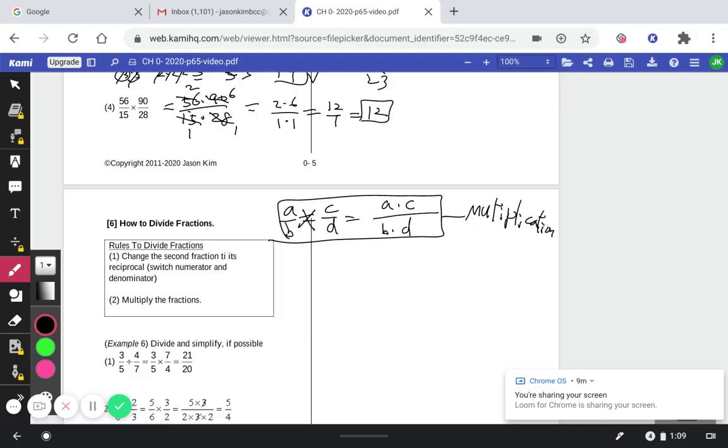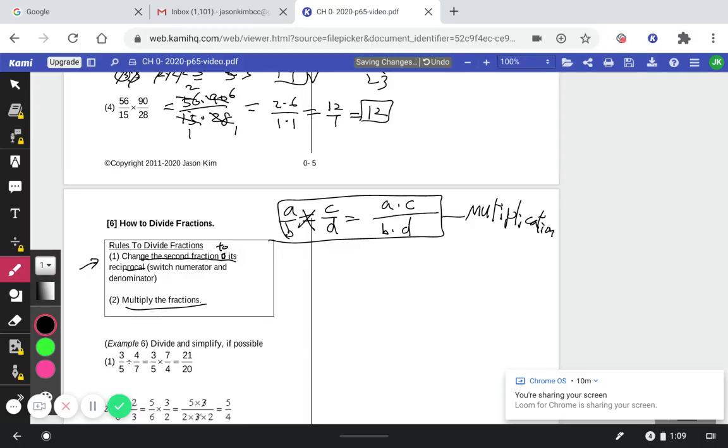Make sure you reduce it if there is any common factor. But division is almost like multiplication. In fact, we are changing it to multiplication by changing the second fraction to its reciprocal, and then multiplying the fractions.